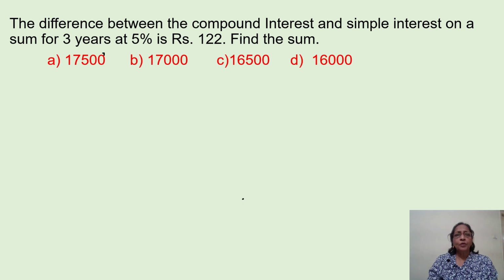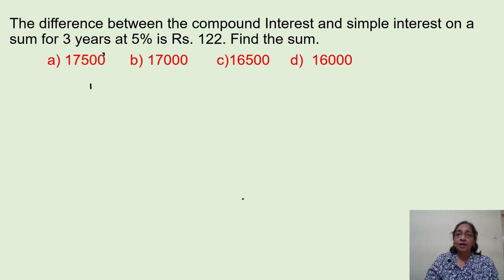The difference between the compound interest and the simple interest on a sum for 3 years at 5% is rupees 122. Find the sum. So now here, in this case, you are given the difference. So let's use the formula.